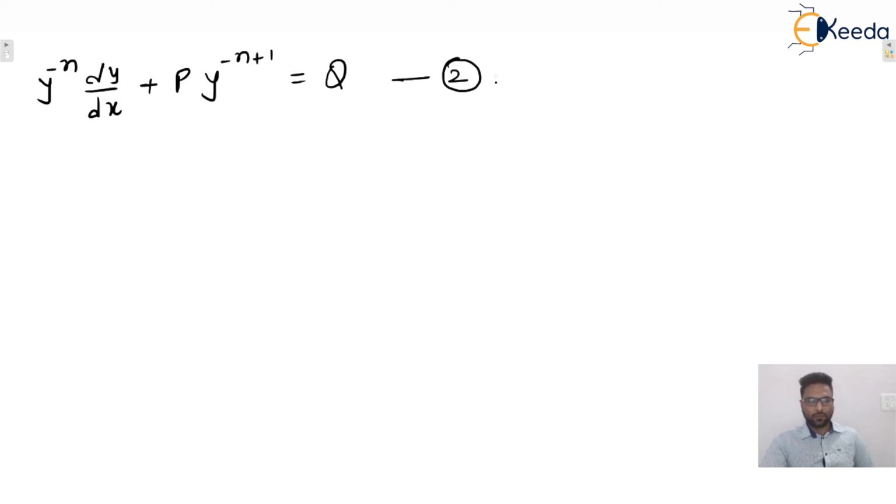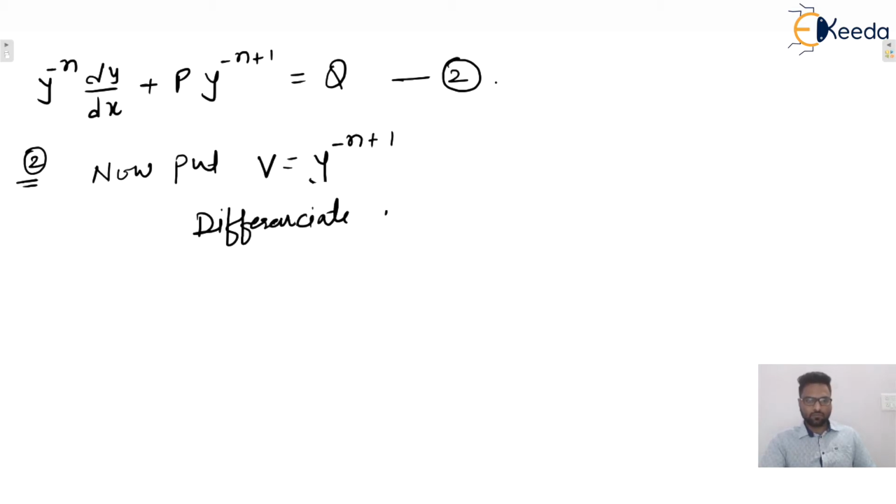Now the next step. Second step in the working rule: put v equals to y raised to power minus n plus 1. Now differentiate on both sides with respect to x.